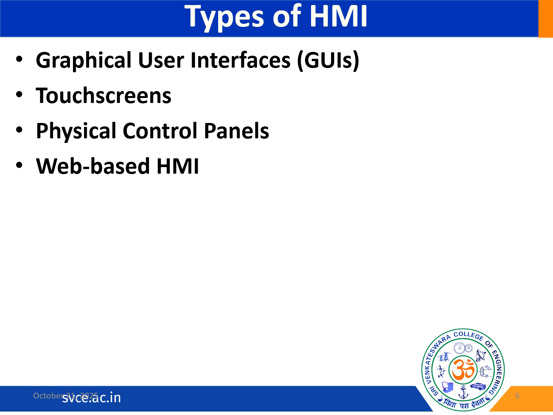The first type we'll see is the graphical user interface. Already you know about graphical user interfaces. These are computer based HMIs that use a graphical interface to present process data, and they also allow the operator to input commands. GUIs can be created using software such as Microsoft Windows or a specified HMI software package.